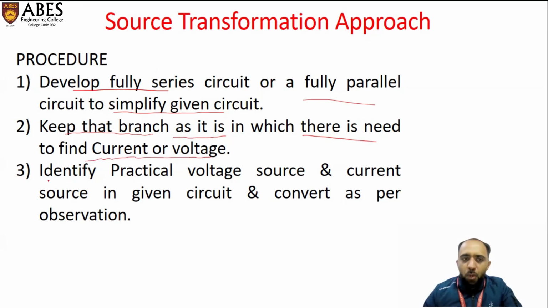Third point is identify the practical voltage source. We discussed just now what is practical voltage source and the practical current source in the given circuit or question, and convert as per the observation. You need to convert your given circuit into fully series and fully parallel.